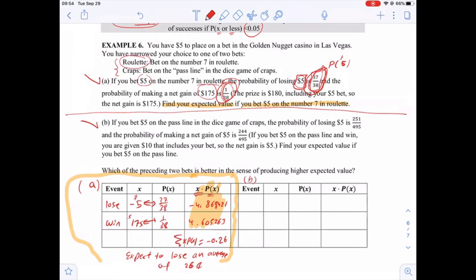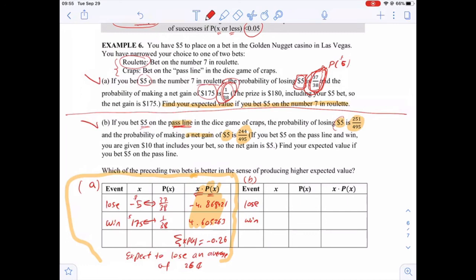Now let's do part B. In part B, if you bet $5 on the pass line in the dice game of craps, the probability of losing $5 is 251 over 495. And the probability of making a net gain of $5 is 244 over 495. So here, what is the event? To lose or to win.